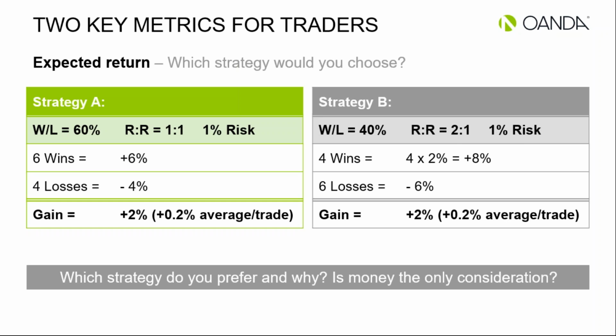We've got one with a win-loss ratio of 60% and 1-to-1 risk-reward. Now we've got strategy B, which is a 40% win-loss ratio, but it's got a wider risk-reward of 2-to-1. So looking at the different metrics under those two strategies, let's consider the one on the left first.